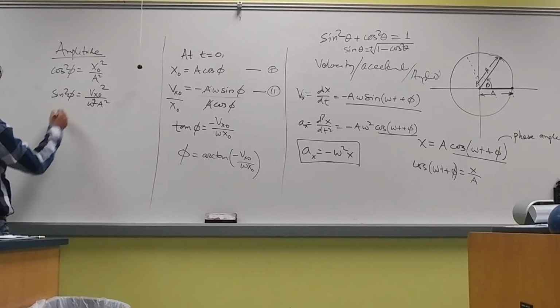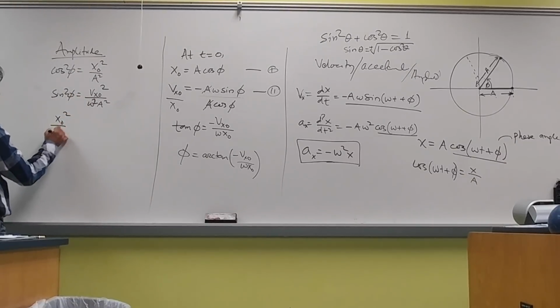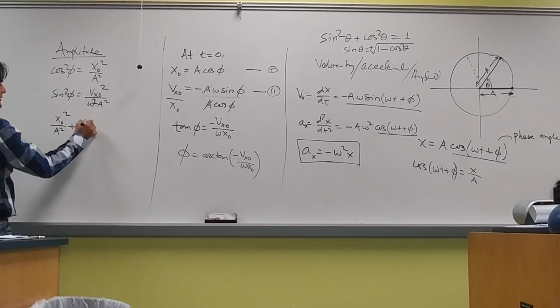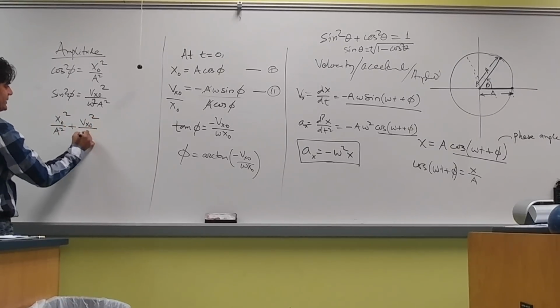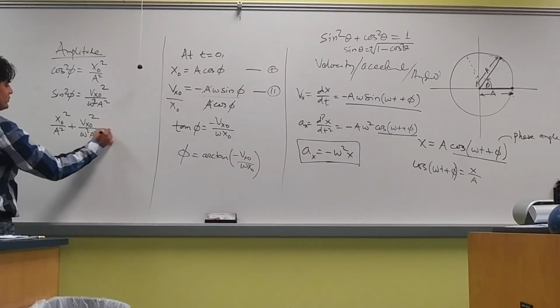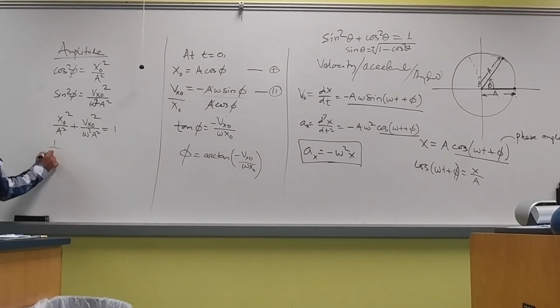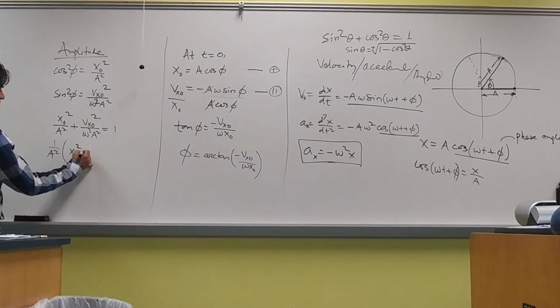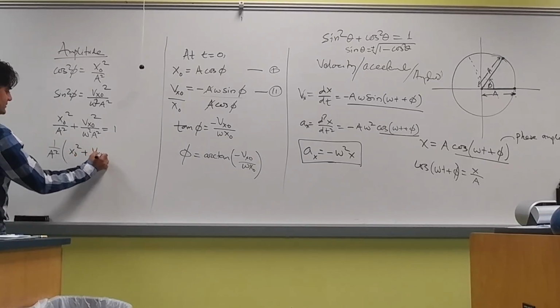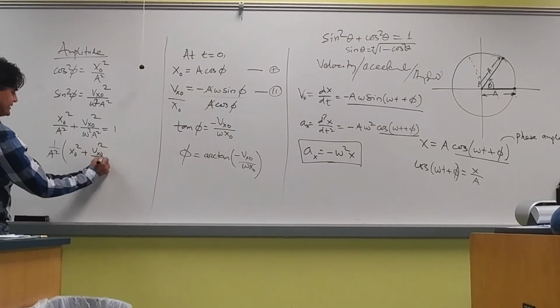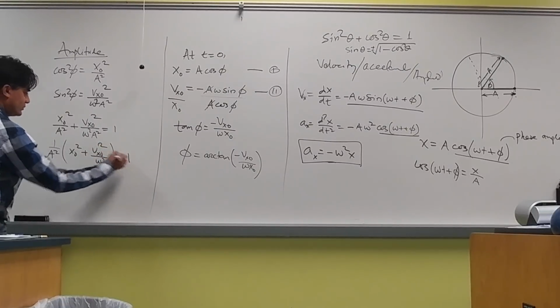In other words, x0 square by A square plus Vx0 square by omega square A square equals 1. Take the factor 1 over A square outside. It's going to be x0 square plus Vx0 square divided by omega square, equals 1.